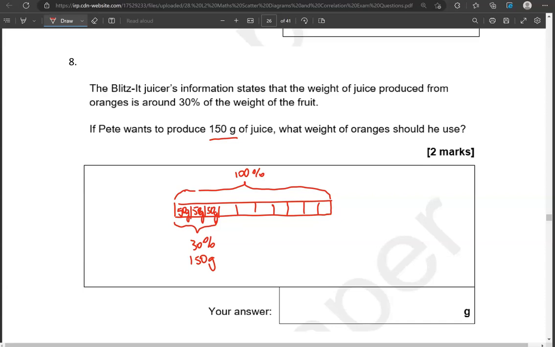So we've got 50, 50, 50, 50, 50, 50, 50, 50, 50, 50. So 10 lots of 50 will give us the total, the 100% amount, which is all the fruit that's been used. So that is 500 grams of oranges.